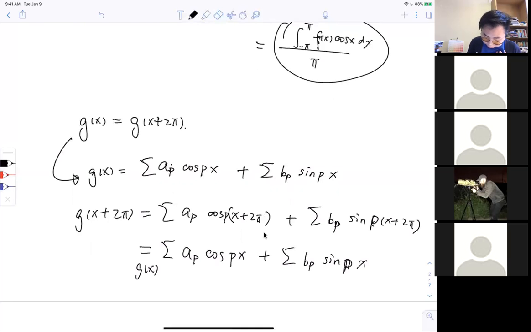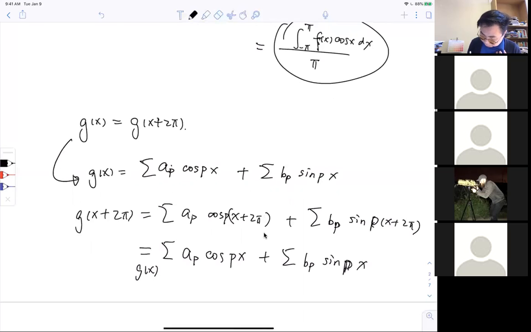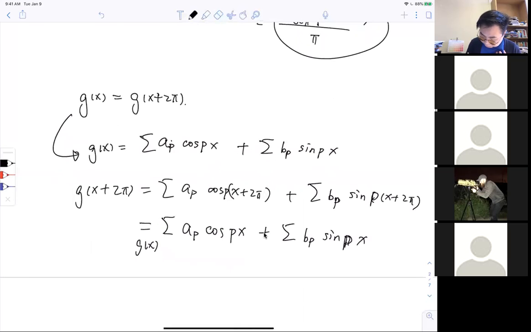If you want to impose the constraint that g(x plus 2 pi), which is a_p cosine of p(x plus 2 pi) plus b_p sine of p(x plus 2 pi), equals g(x), which is a_p cosine px plus b_p sine px, then you will find that your p must be an integer. Otherwise, this equation will not hold.